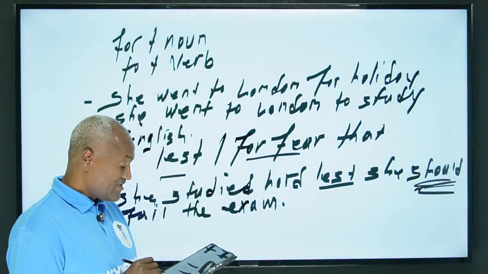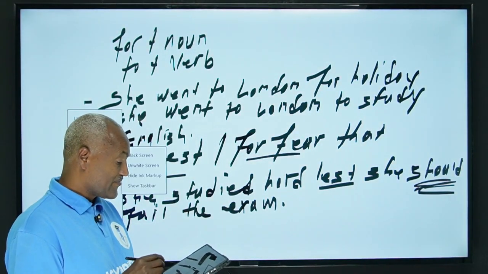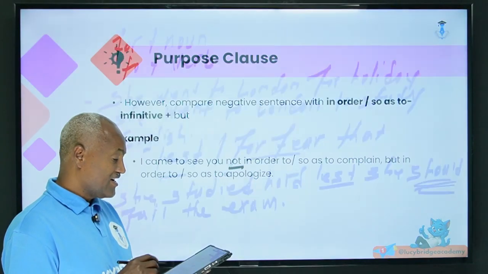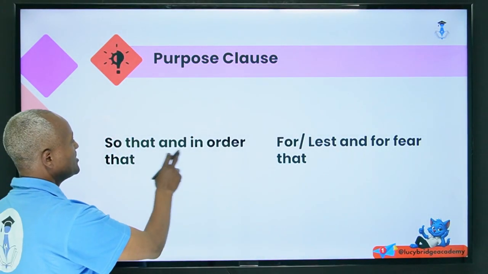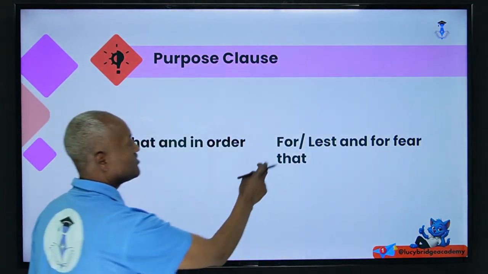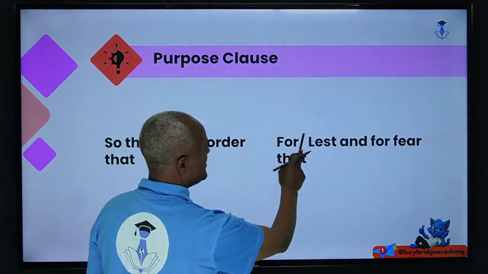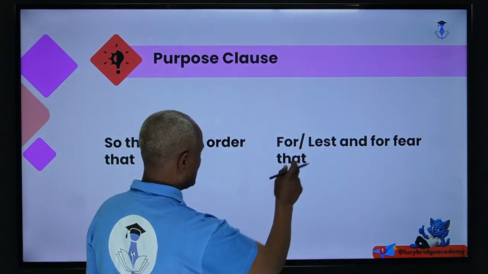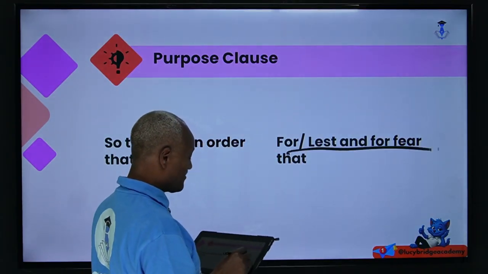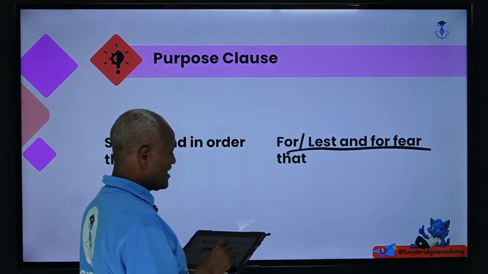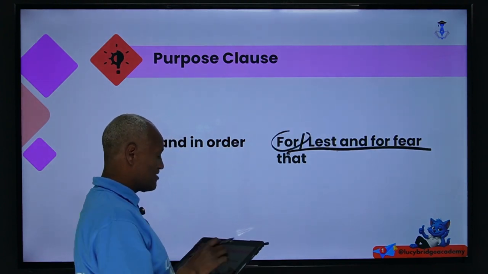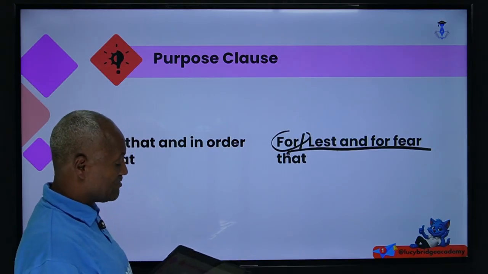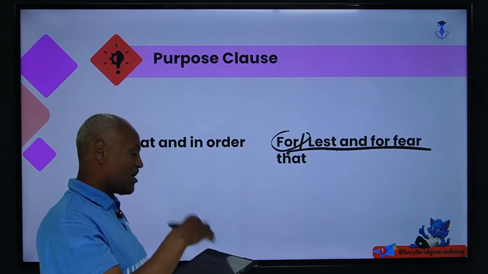So now, when you come to this purpose clause, so that and in order that, I already told you about for fear that. Here there is a problem: lest and for fear that, for is another word, and we must not write it together with lest, because I already told you how we use for.